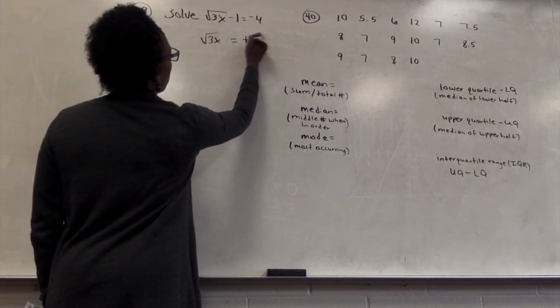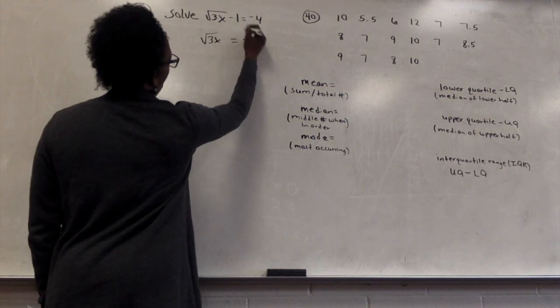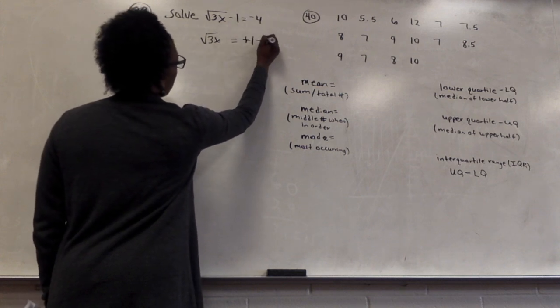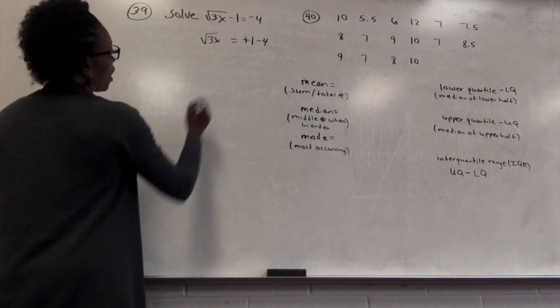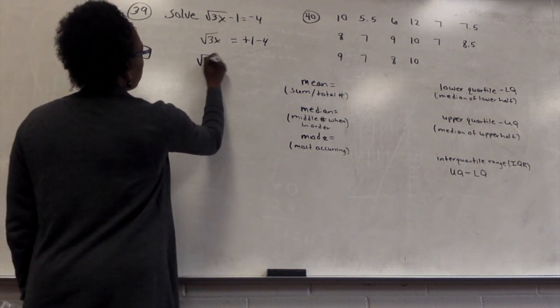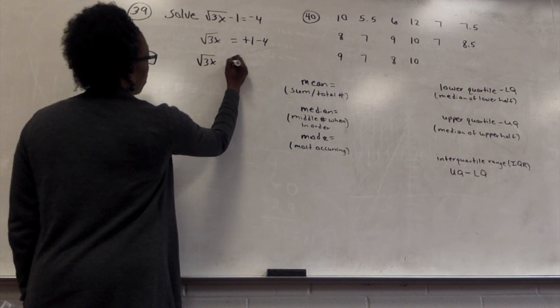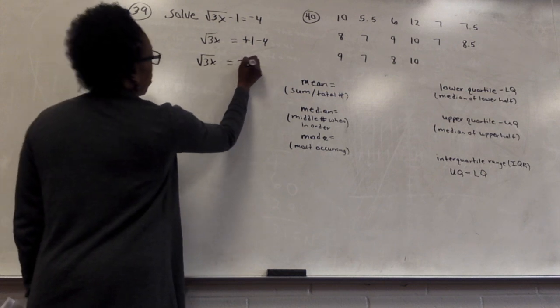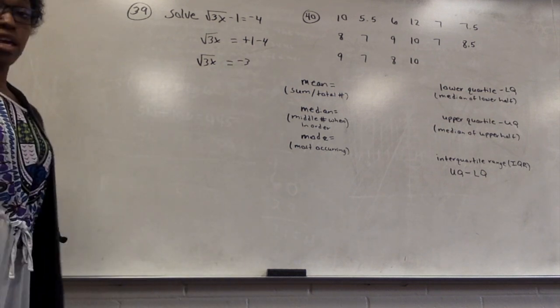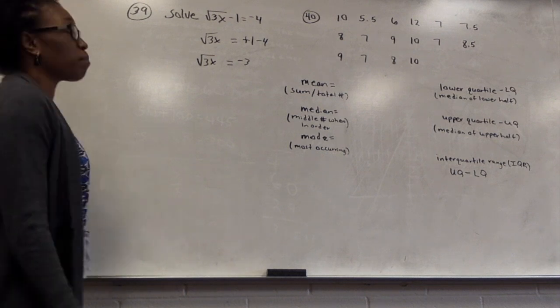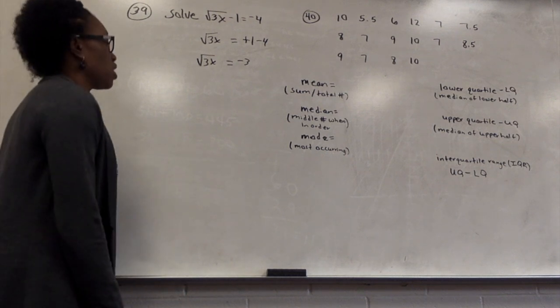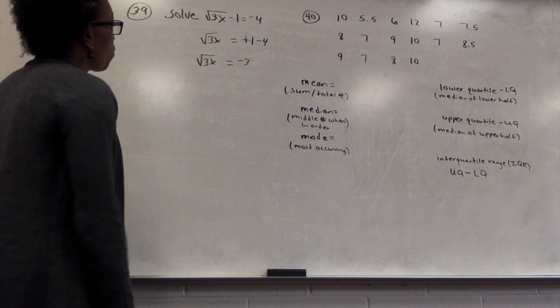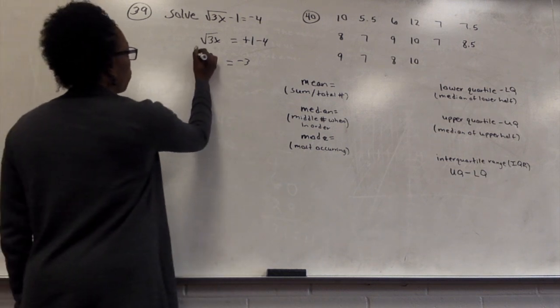So I end up with a positive here, +1 minus 4. And that's going to simplify down to the square root of 3x equals -3, since +1 and a -4, or +1 minus 4, is -3. Now, in order for me to get rid of my radical, I must square both sides.